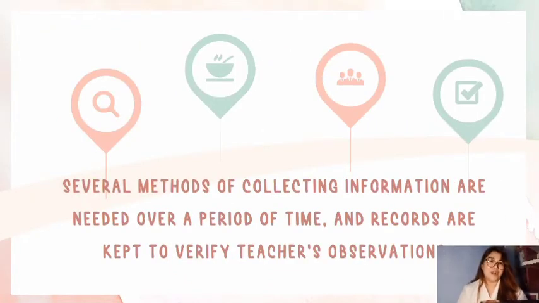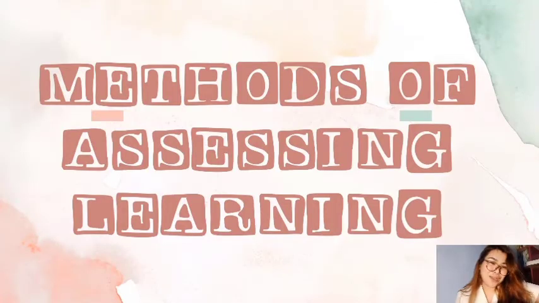Several methods of collecting information are needed over a period of time, and records are kept to verify teachers' observation. On the other hand, you can use group results when the purpose of assessment is for improvement of classroom instruction.